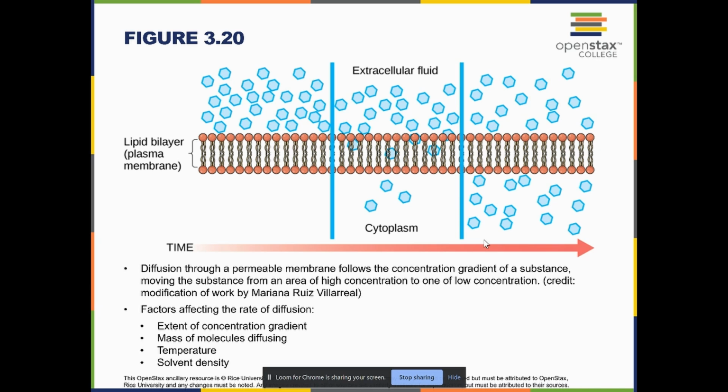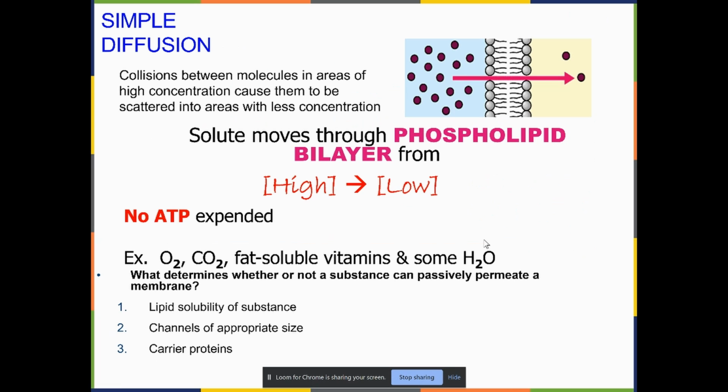So they're probably small, they're probably lipid-like, they're probably not charged, they're definitely probably not polar. And the amount of concentration on one side compared to the other, how big the molecules are that are diffusing across the membrane, temperature, and solvent density can all play a role in how quick simple diffusion occurs.